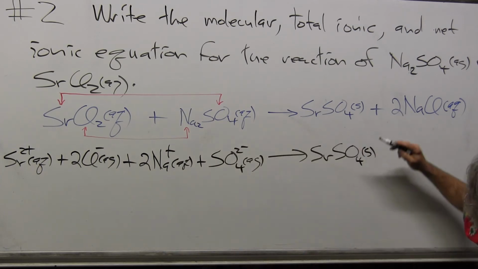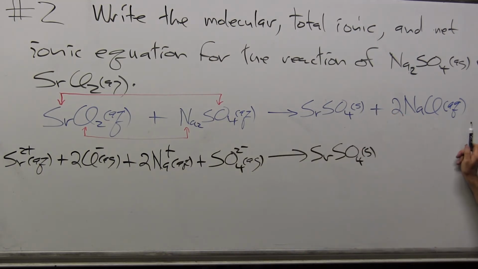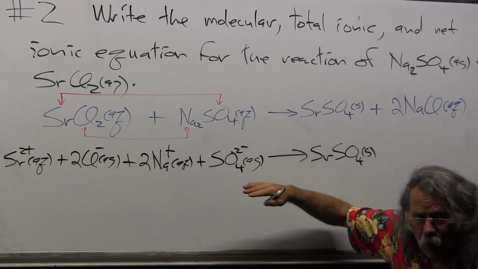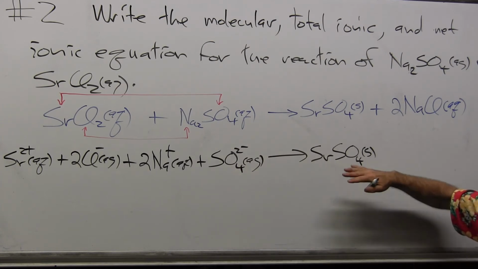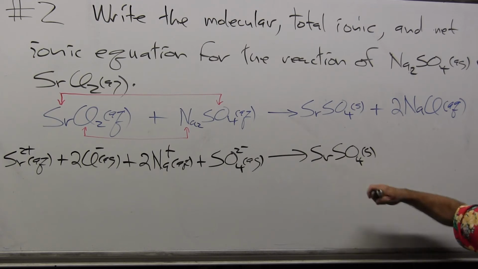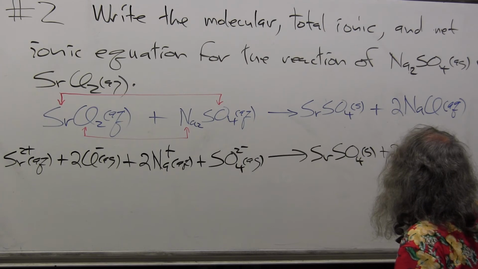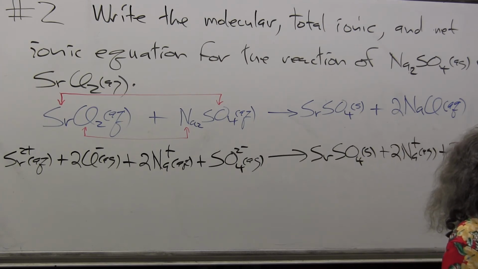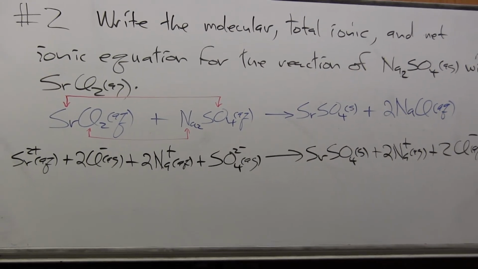And in this case, please note, it is in the solid state. It's not an aquated salt. The total ionic equation is going to have all of the ions written as aquated, but this is not aquated. So this is indeed a precipitate, and it has to be denoted as such. Plus 2 sodiums aqueous, plus 2 chlorides aqueous. So now I've written out the total ionic equation.